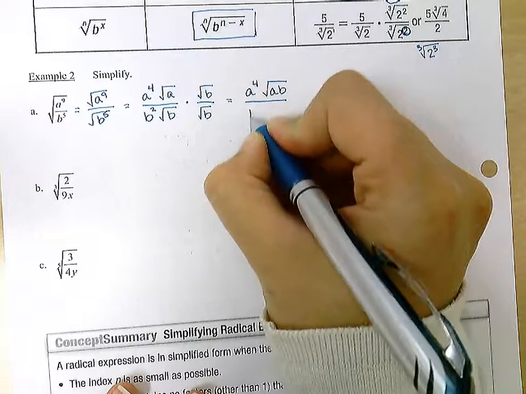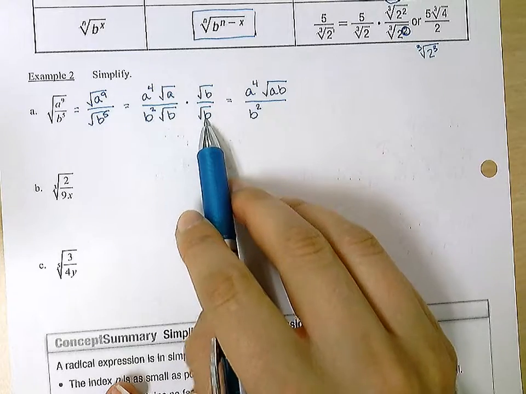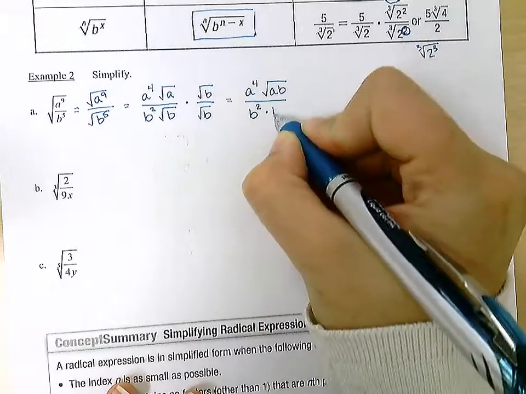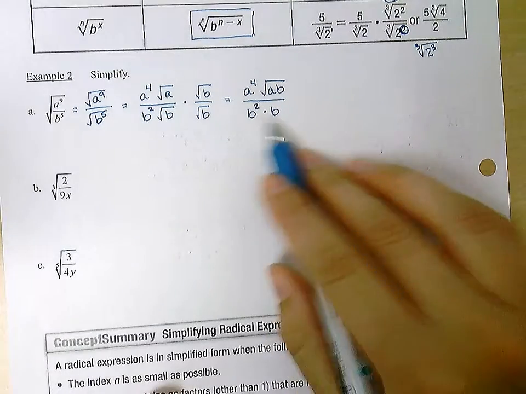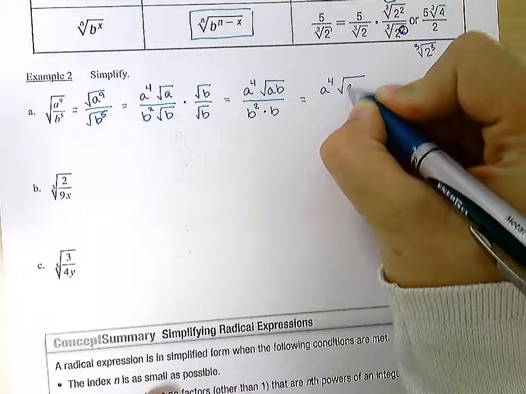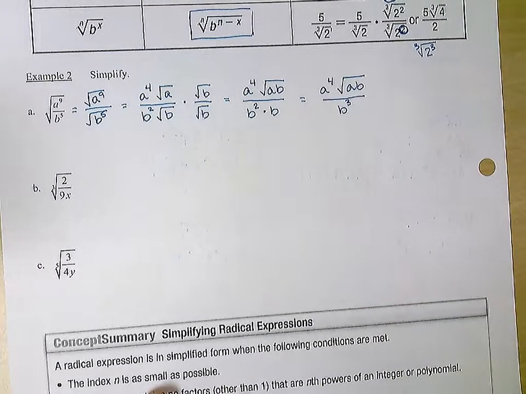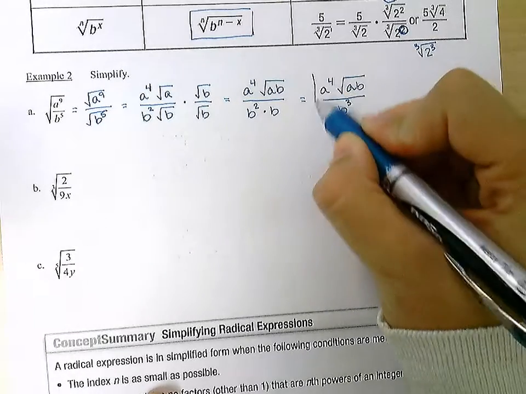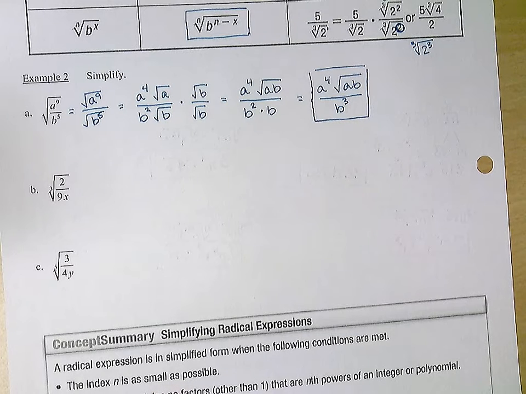That's over b squared. The square root of b times the square root of b is just b. That's what I want to do when I'm canceling out that root in the denominator. I don't want it there anymore. It should cancel out. So I'm going to make this look a little bit nicer in the denominator. So we have a to the 4th times the square root of ab over b cubed. And that would be your answer.